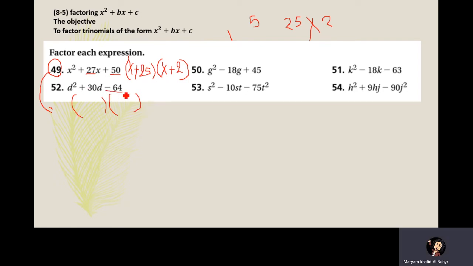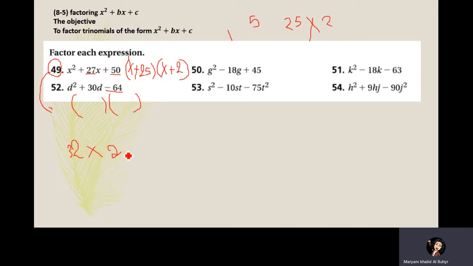Again, think about two numbers. Once you add them, you will get 30. Once you multiply them, you will get 64. So again, 64, I can say it is 32 times 2, isn't it? But I have them negative, so I have to take one of them.